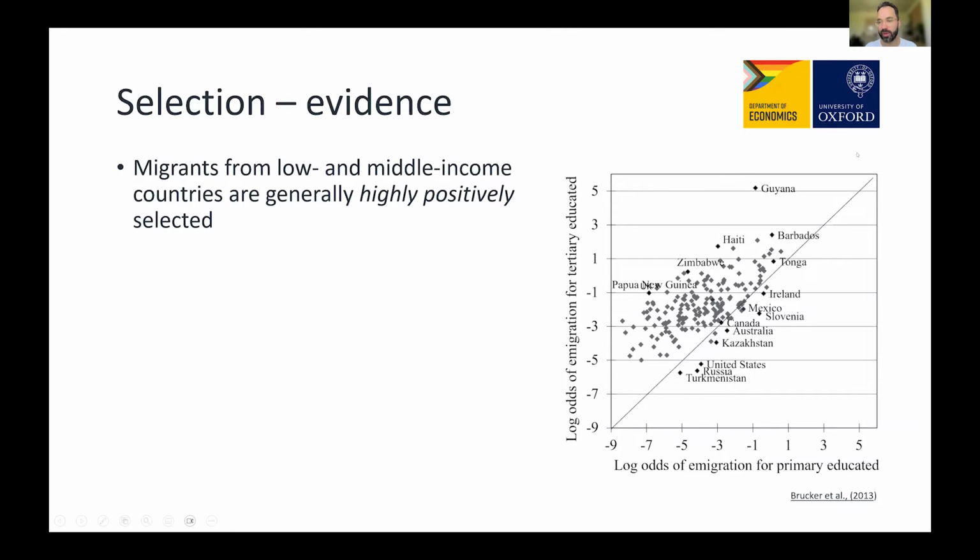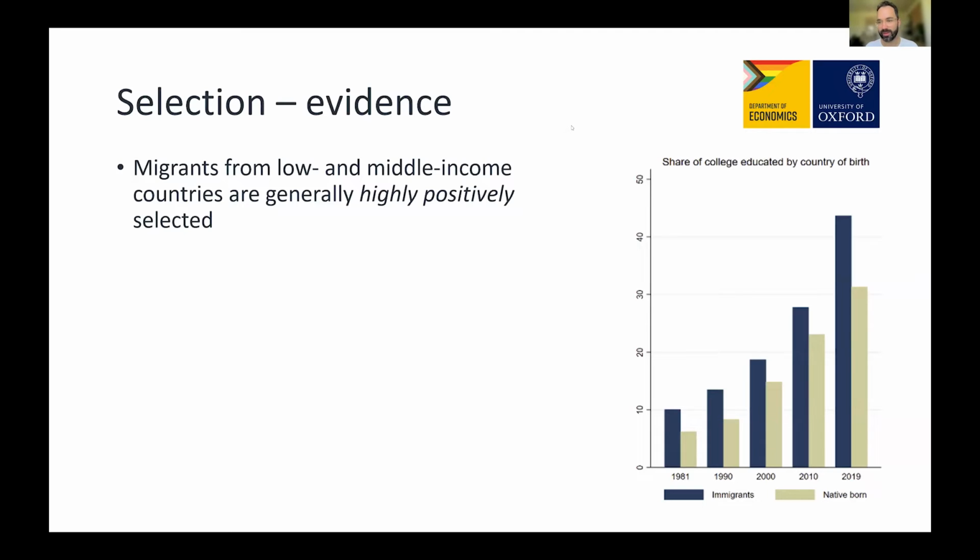What this graph shows is, on the horizontal axis, the probability of migrating when the highest level of education is primary school, versus, on the vertical axis, the probability of migrating for people who are tertiary educated or have some sort of college degree. And across virtually all countries, you see the probability of migration is much, much higher for highly educated people.